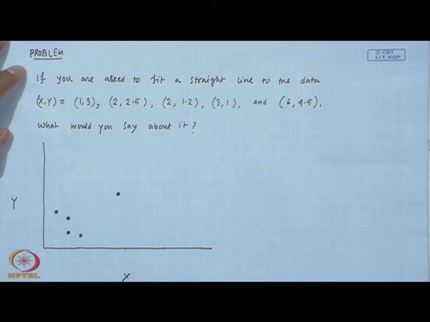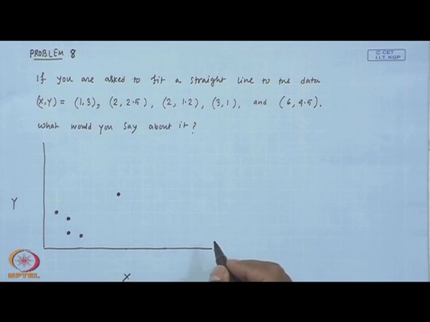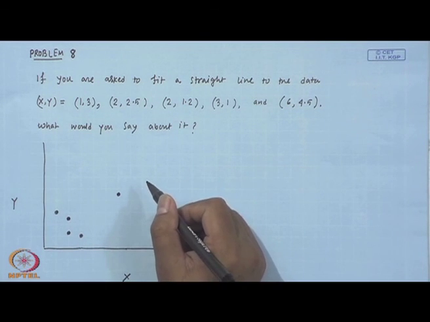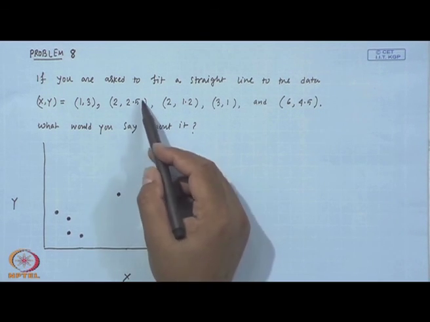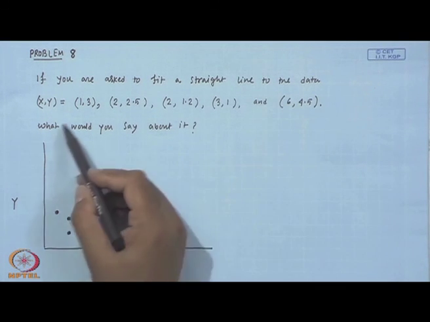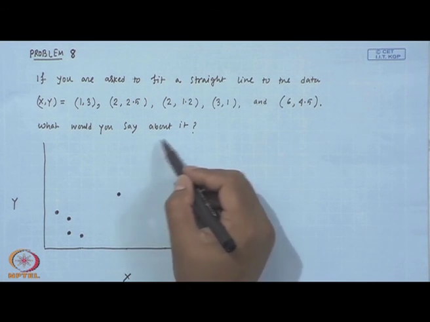This is, I do not know what the number is, this might be 8. Okay. Well, this problem says that if you are asked to fit a straight line to the given data, what would you say about it?